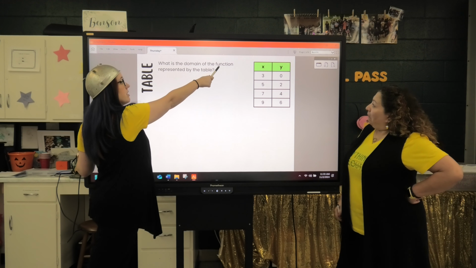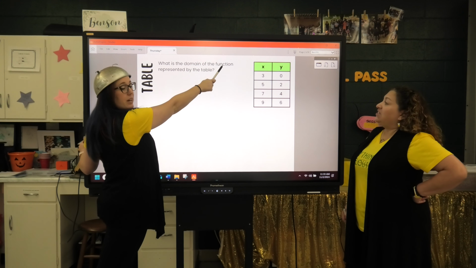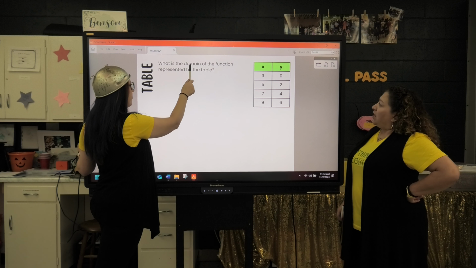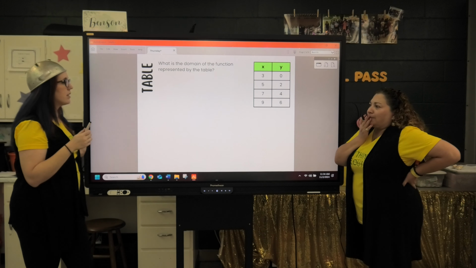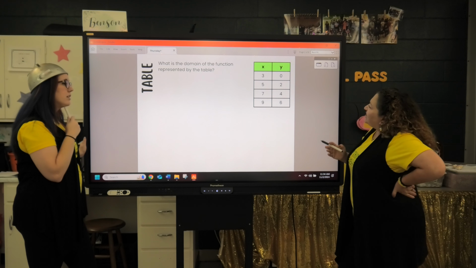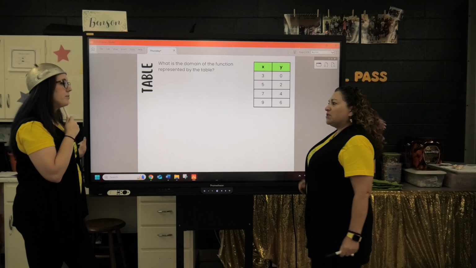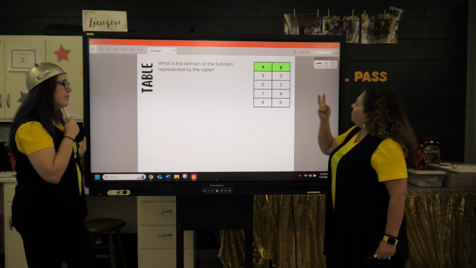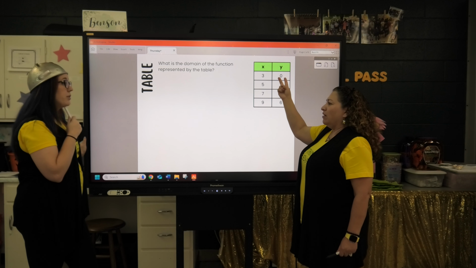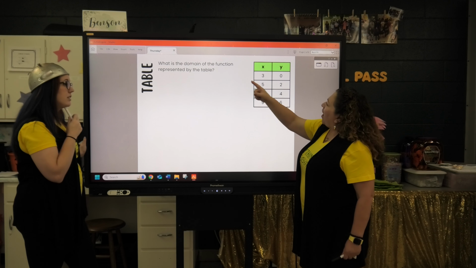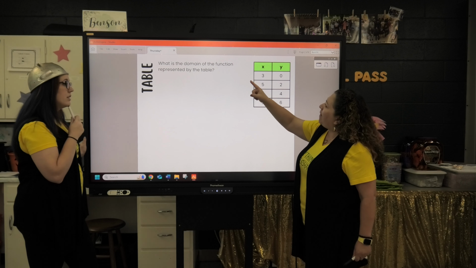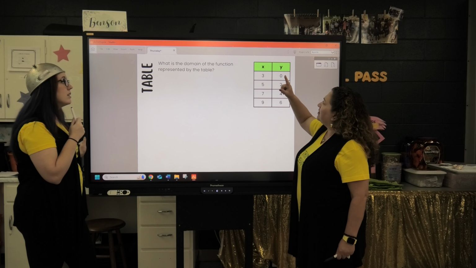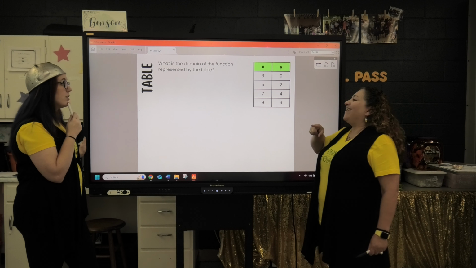We will talk about this word more tomorrow, but for today, this is our most important word: domain. Let me look at this for a second. This has two columns. One says X, one says Y. And they go together. But if I want to find just the domain, I'm only looking at the X axis.